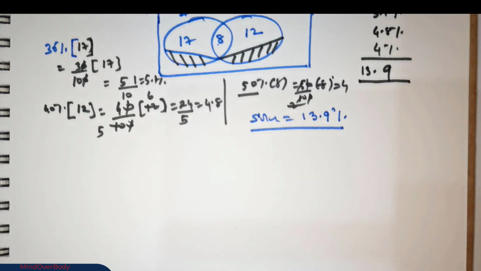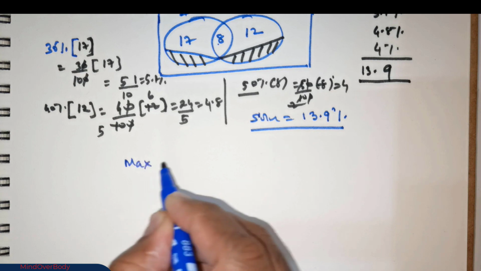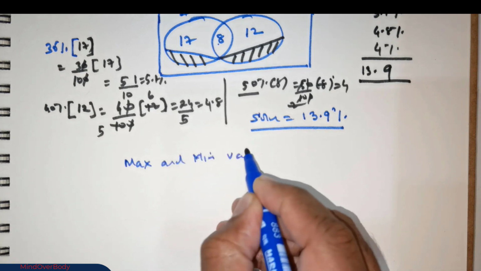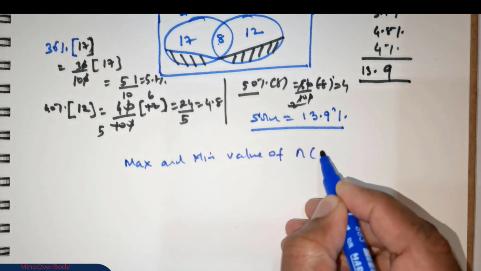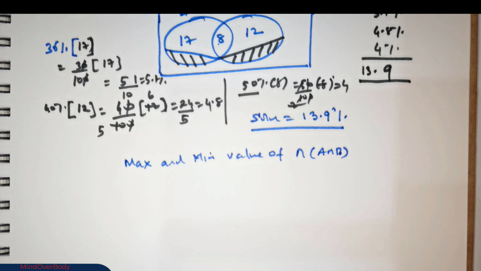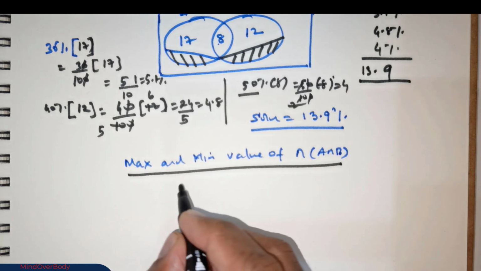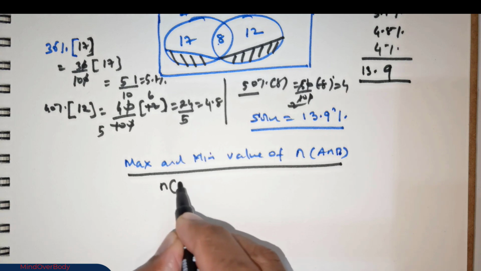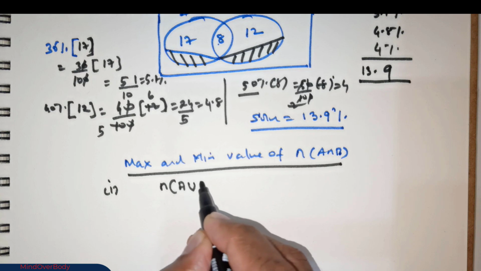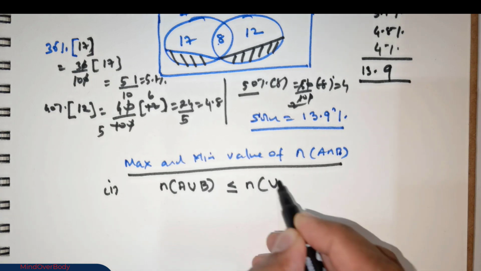Now in this section we will be looking into questions dealing with the maximum and minimum value of A intersection B. Now there are a few important relations you will have to know in this case. Always remember the total number of elements present in A union B will be less than or equal to the total number of elements present in the universal set.